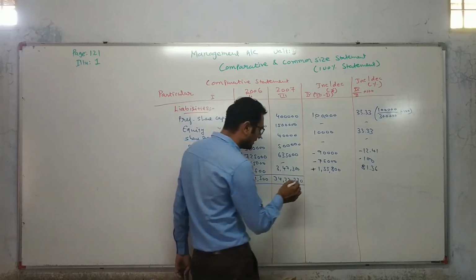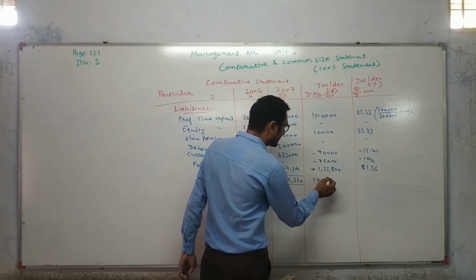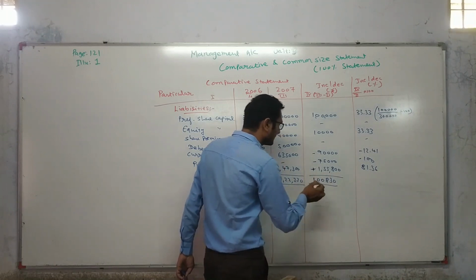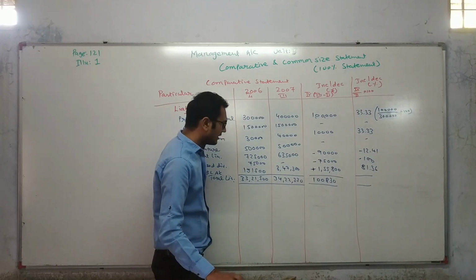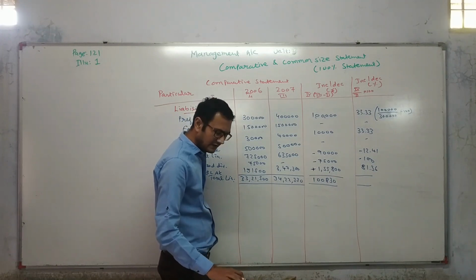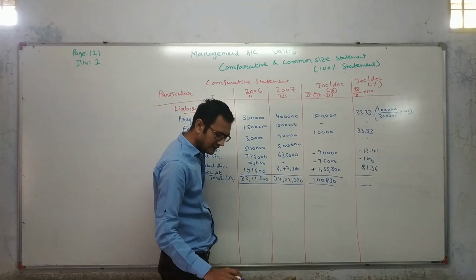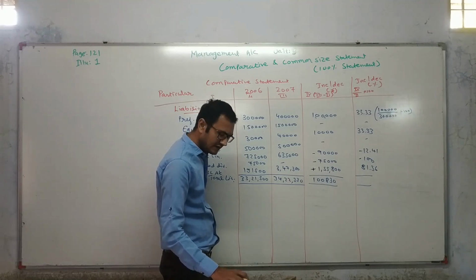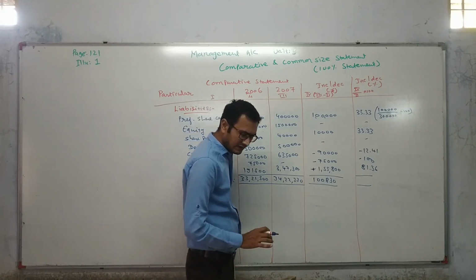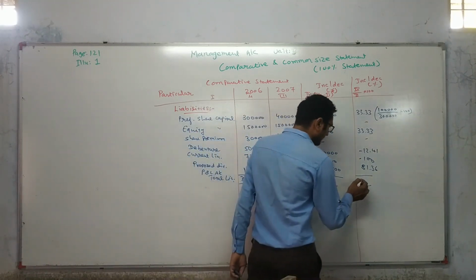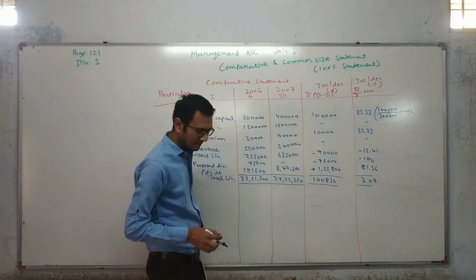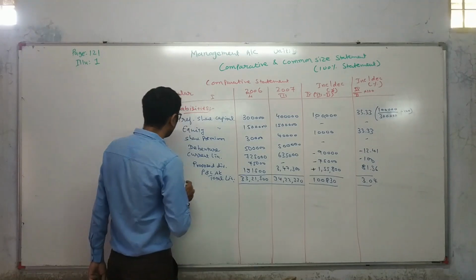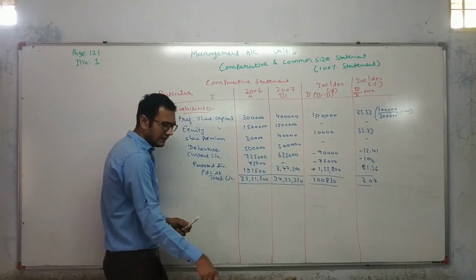So 1,830 rupees. Now, in percentage, 1,830 divided by 33,21,500 into 100. So 3.04%. Now, comparative statement for the asset.